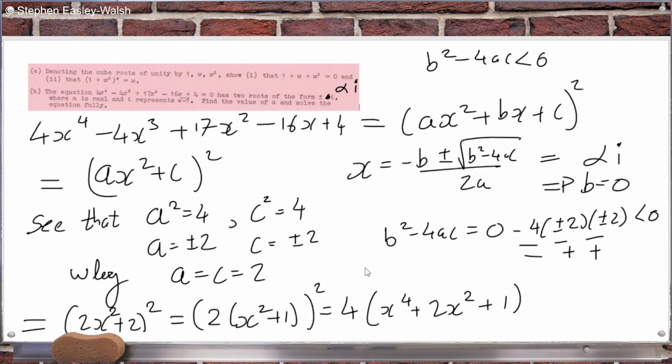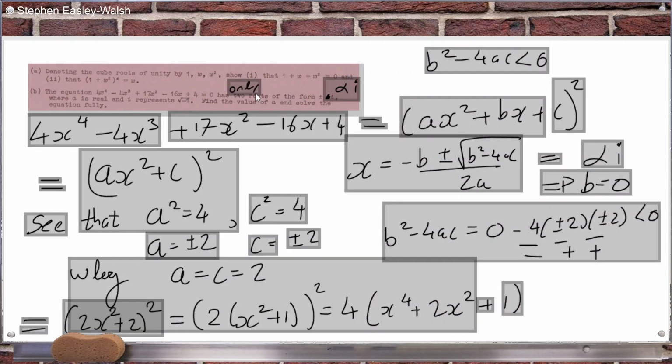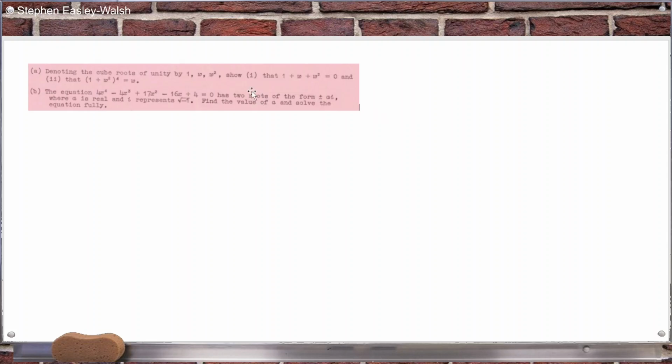Is it possible that it actually has more than 2 roots and they're just telling me it has 2 roots in the form of plus or minus alpha i? That'd be really confusing. Do you know, they never actually explicitly say it has only 2 roots. So that's kind of a bummer. It means that this question has gotten a lot more complicated. I thought I was nearly finished.